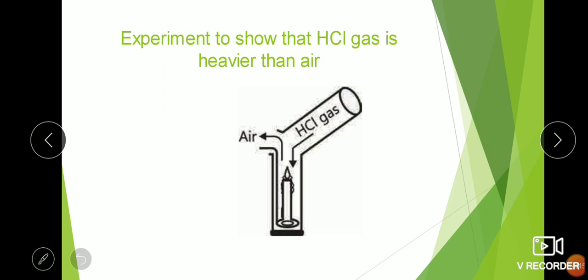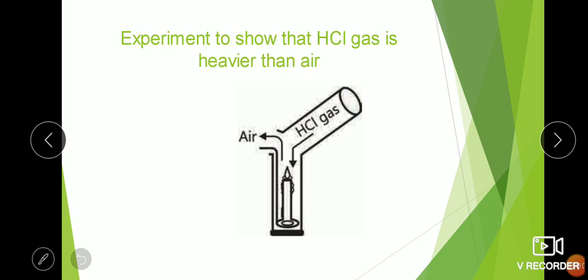Now, how can you prove that HCl gas is heavier than air? Take two gas jars. In one of the gas jars, keep a lighted candle. And in the second jar, take HCl gas. Invert the HCl gas jar over the gas jar which has the burning candle. After some time, you will see that the candle goes off.